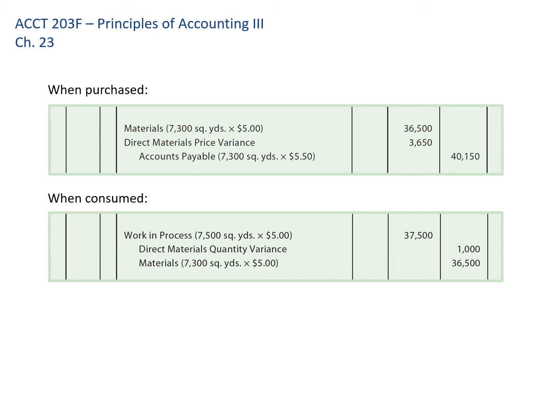In this case, we look at the price variance when we purchase the material, and then the quantity variance when we consume it. Or you could do it combined when it's consumed, which just has the effect of delaying the recognition of the price variance until later. I'm going to go over some journal entries in the practice video that I post next, so wait for that, and I think that'll make it clearer.